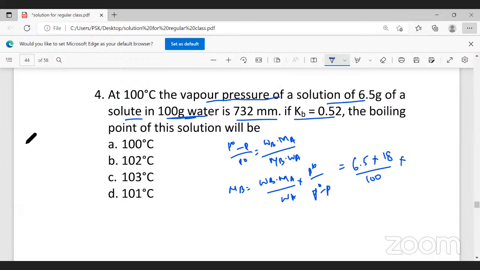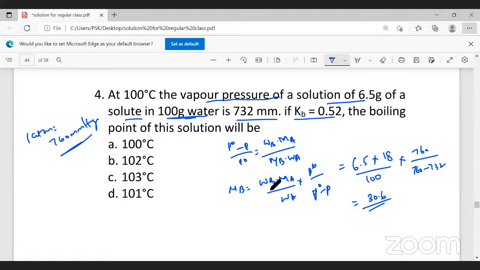Now you have to remember, 1 atmospheric pressure is 760 millimeters of mercury. So P naught is 760, divided by 760 minus P, which is 732. On simplification, you will get the molecular mass as 30.6.